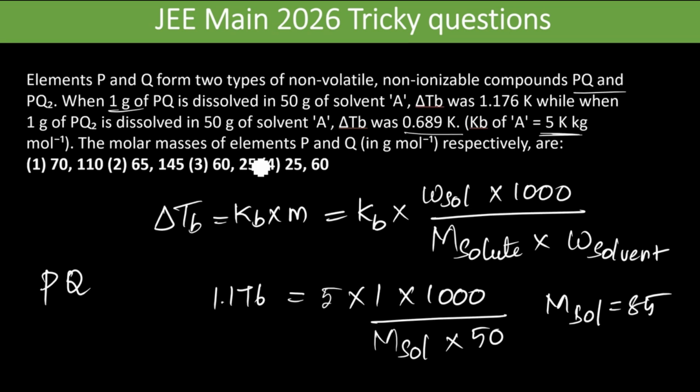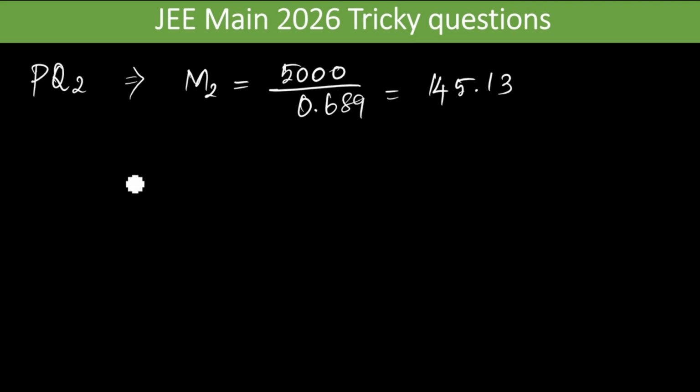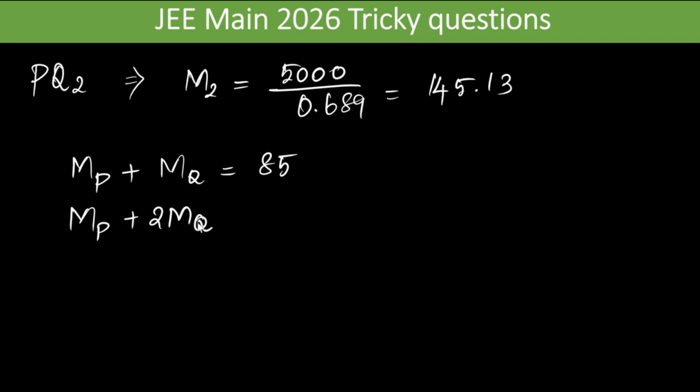What they are asking is the molar mass of the elements P and Q separately. They are not asking for the molar mass of PQ and PQ2. So for that, what you can do is mass of P plus mass of Q, that is my 85, correct? And similarly, mass of P plus 2 times the mass of Q, that is around 145, right? So these are the two equations I have.